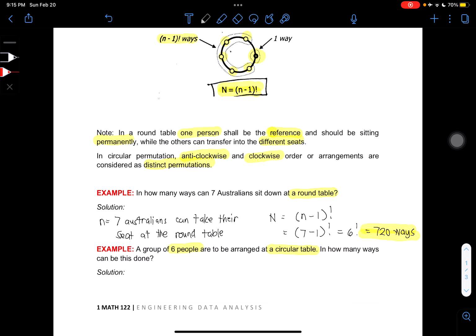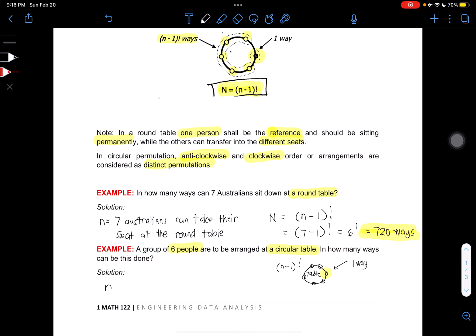If we draw a table and place the 6 people, 1 2 3 4 5 6, one of them sits permanently as one way, and the rest is n minus 1 factorial.